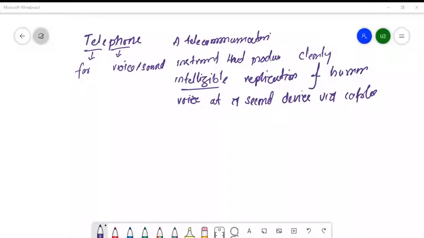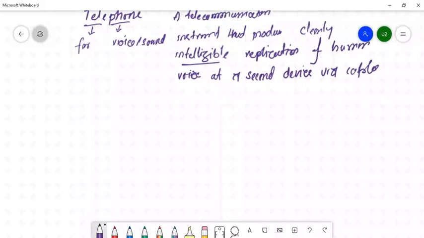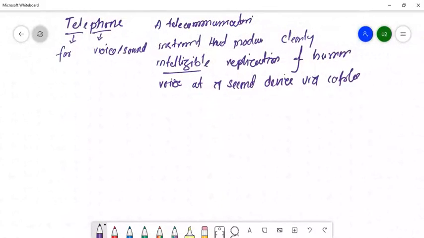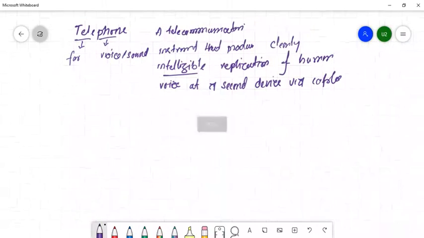So this is the most comprehensive definition I have written for you, and you must know it. You can also write your own definition for telephone.